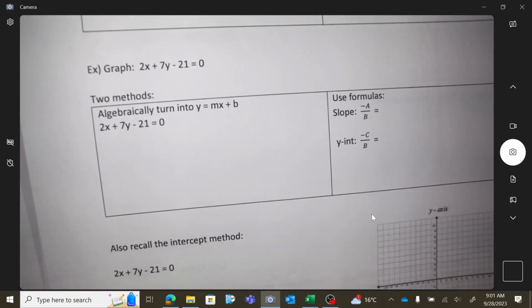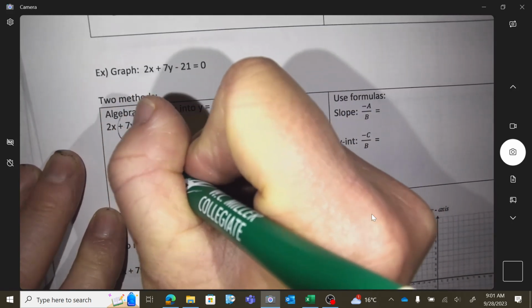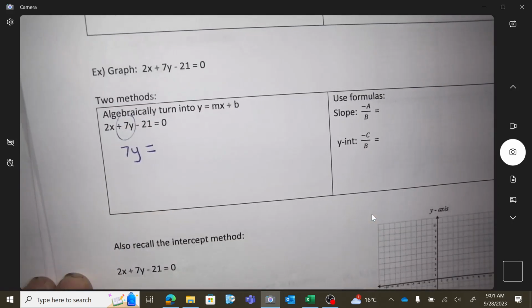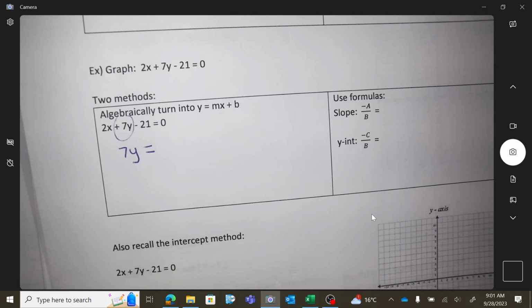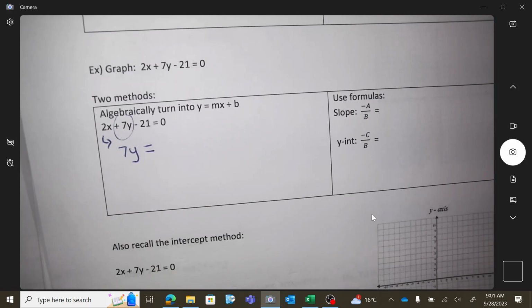Let's try to turn it into y equals mx plus b. So this is what I would do. This y term, I'm going to keep it. So 7y I'm going to keep, equals. Now, I'm going to subtract that to move it to the other side.